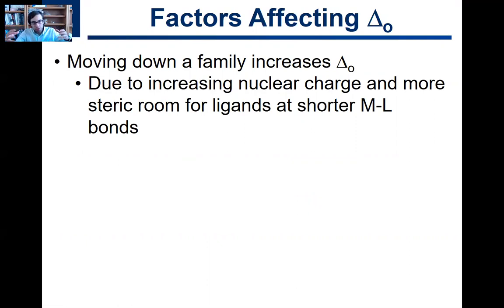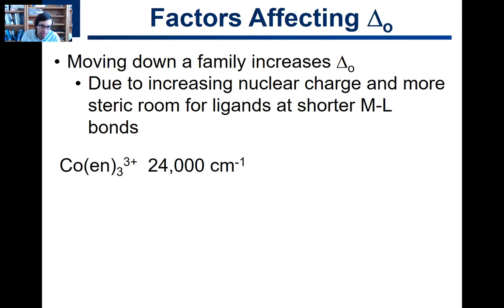So one, more nuclear charge pulls in the ligands more, okay? That's one thing, but also there's more room because it's a bigger atom, so you can make shorter metal-ligand bonds. And those shorter metal-ligand bonds will then have more electron-electron repulsion between the orbitals of the metal and the orbitals of the ligand. That is what causes delta O to increase, okay?